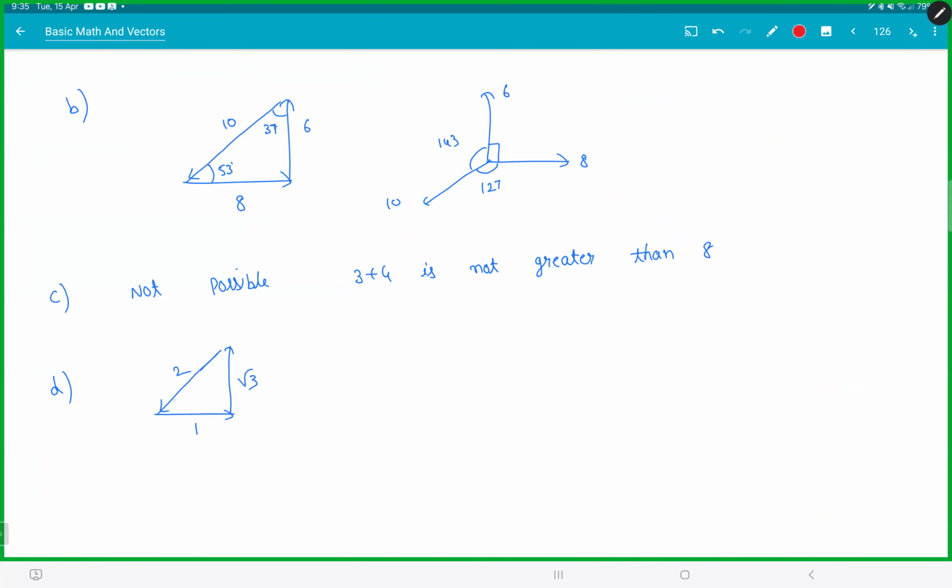So what are the angles here? This will be 60, this will be 30, and this will be 90. So arrange them. This is 1, this is 2, this is root 3. The angles are 90, 120, 150. Getting this, everyone?